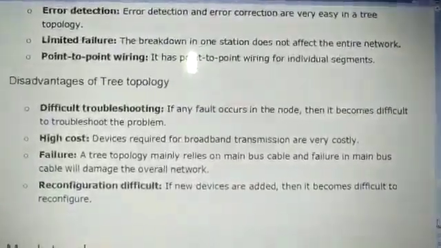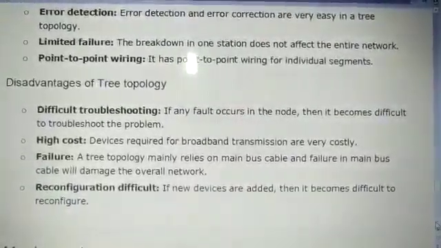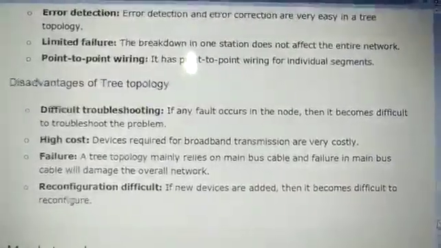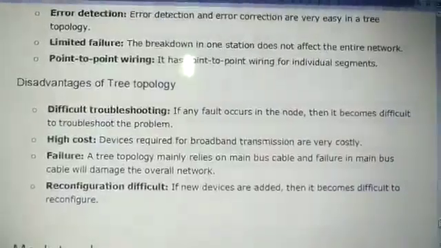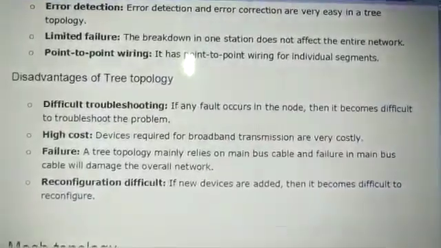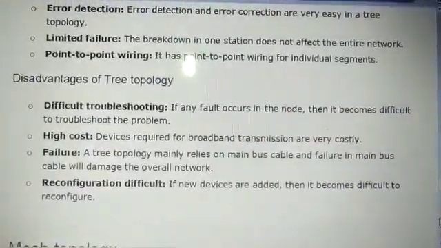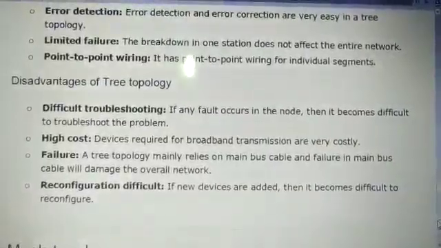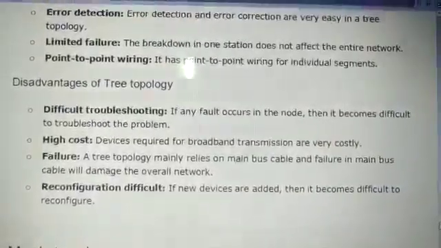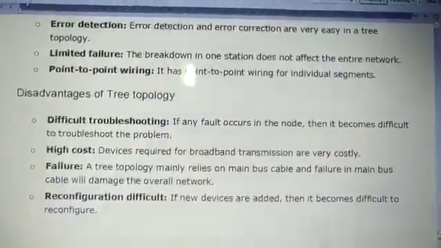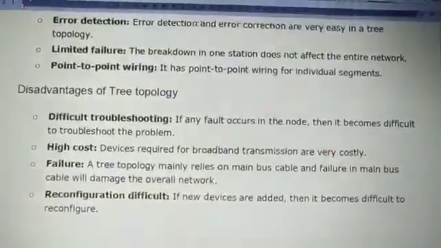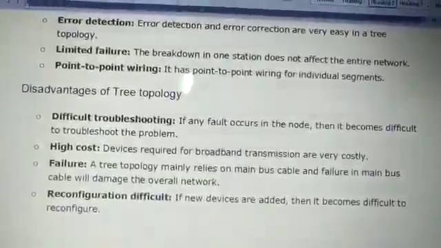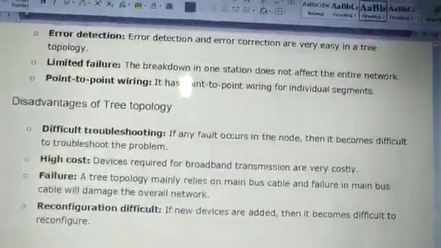And failure: tree topology mainly relies on the main bus cable, and failure in the main bus cable will damage the overall network. And reconfiguration is difficult. If new devices are added, it will be difficult to reconfigure, because every node is arranged in a hierarchical pattern. So if you want to add any other node, who will be the parent of it? It will be very difficult.